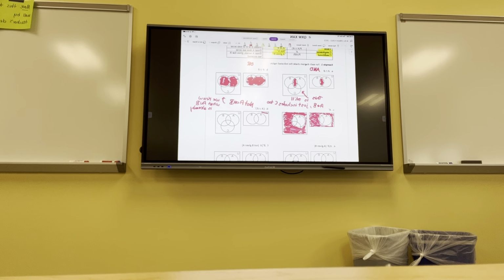So not A or B is just everything around A and B. So it would just be everything in the rectangle outside the circles. Same thing here, everything but... coloring, rainy day. Okay.